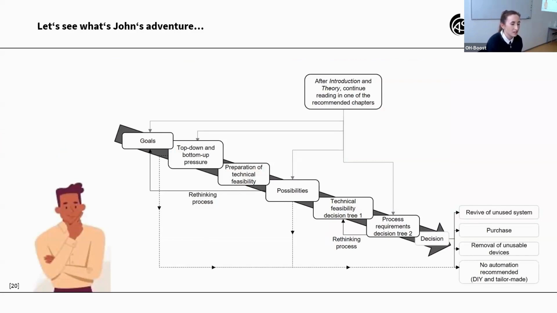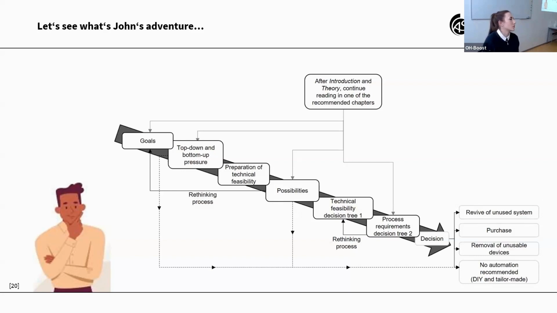Here you can see an overview of the chapters in our feature article. It starts for everyone with the theory part, and then depending on our requirements or our situation we go down to different chapters and end up at four scenarios. First, we have to revive an unused system. Second, we have to purchase a system. Third, removal of an unusable system.